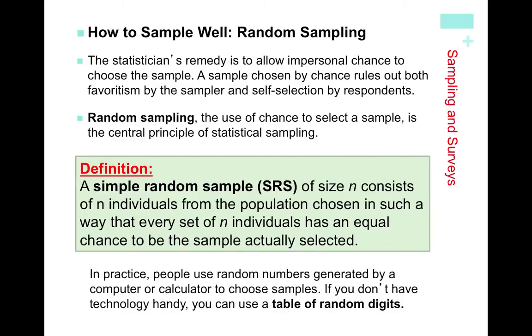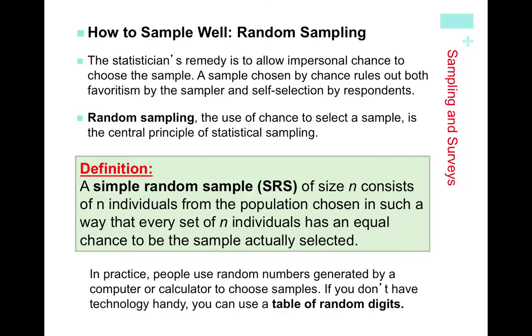The hat method won't always work well. So obviously, if your population is 1,000, you're not going to want to write down 1 to 1,000 on a piece of paper, find a hat big enough to put them in, and then choose from them. In practice, people use random number generators by technology to choose their samples.